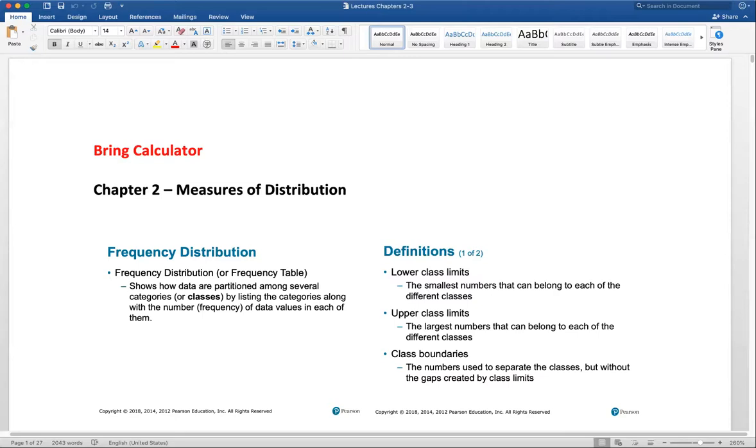Once we analyze the data, we conclude something about the treatment or finding based on the sample data.